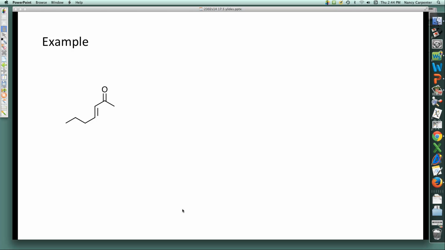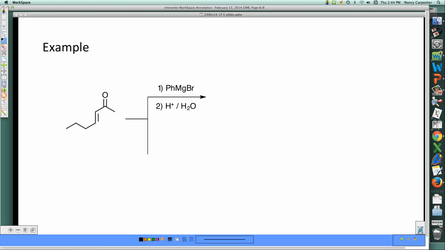Alright, so for example, if we have this conjugated enone, if I add a Grignard reagent to it, I know that nucleophile could either go to the 1,2 position or the 1,4 attack, but because this is very much a hard nucleophile, don't think that you can delocalize that negative charge, because you can't.